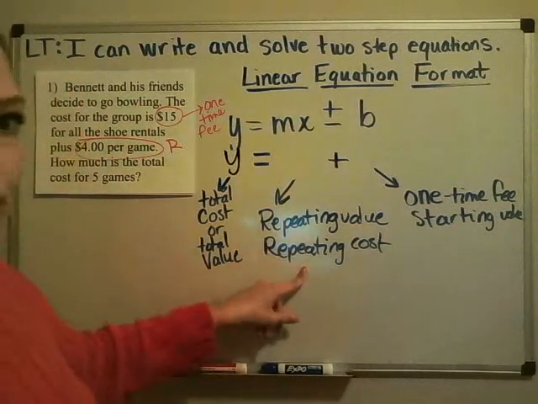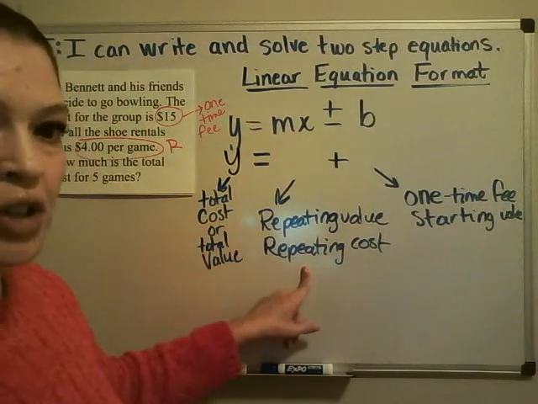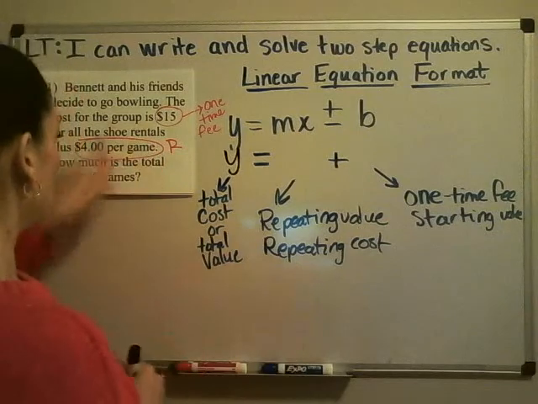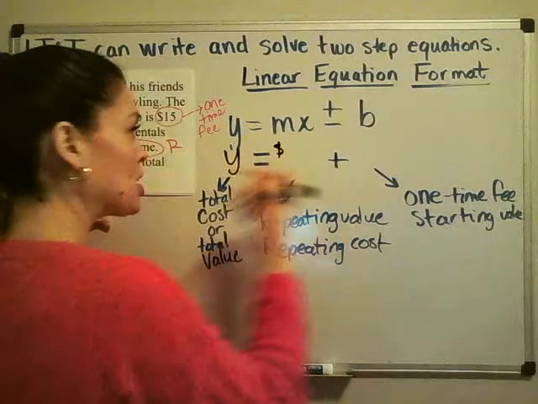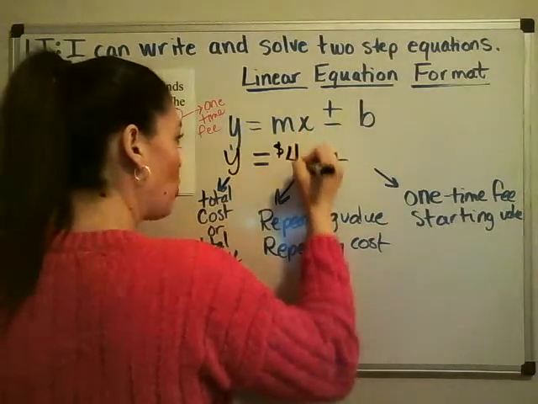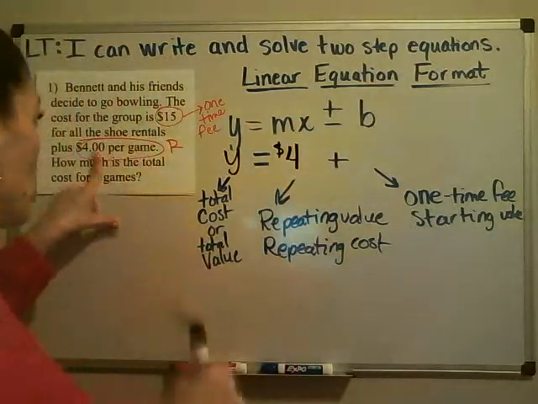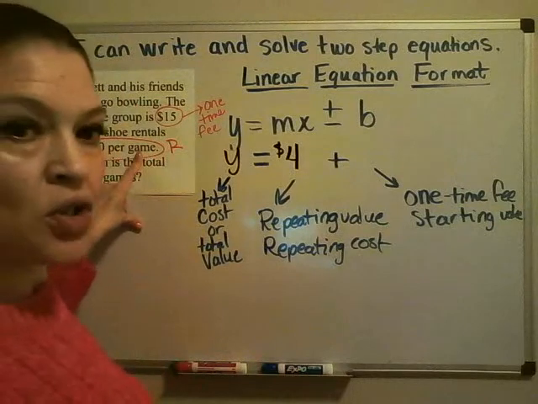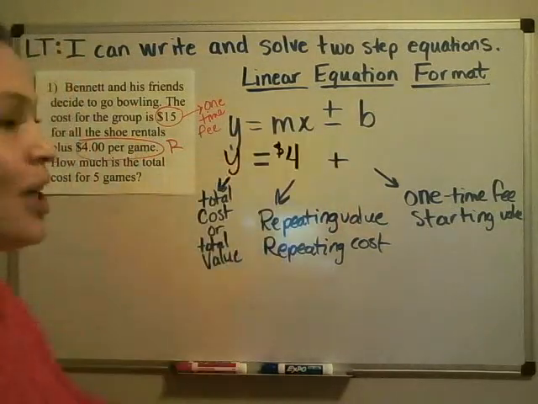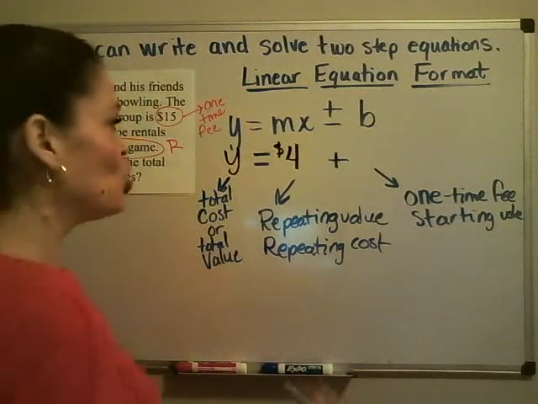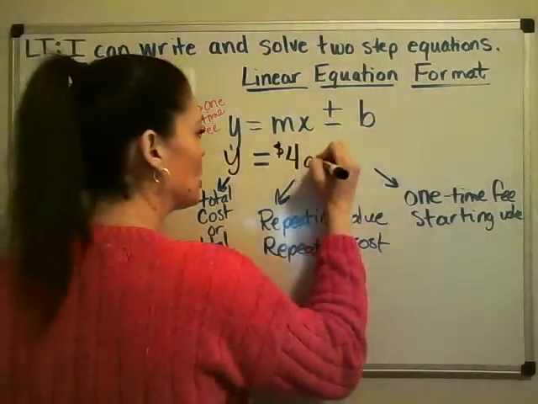The repeating value, we said, is going to be the $4 per game. So I'm going to go ahead and throw in a dollar sign in there. $4 per game. So in the traditional format, we use X, but I want to use G to represent game.